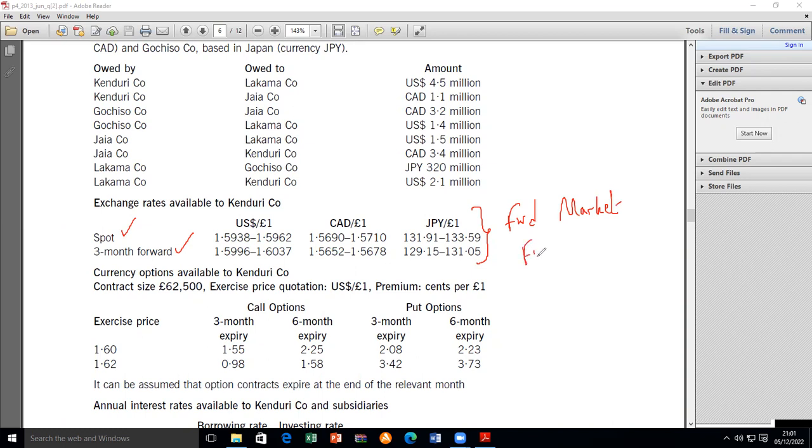Forward markets or forward contracts. That is one. So we have the 3 months forward contracts there.